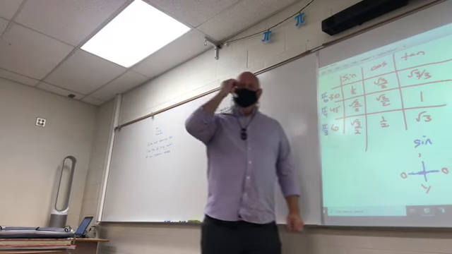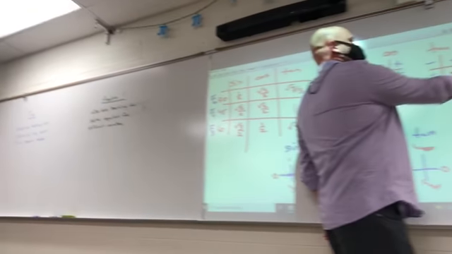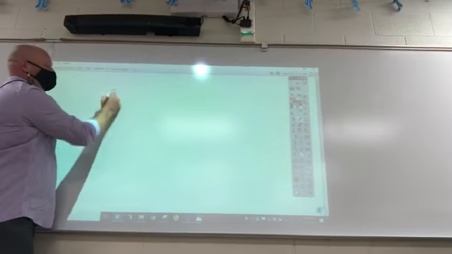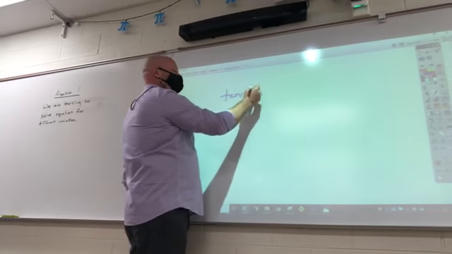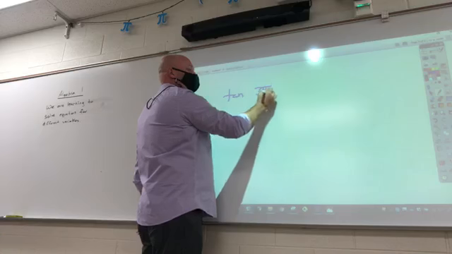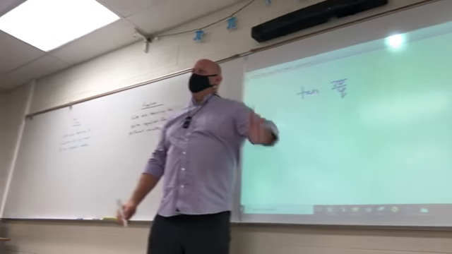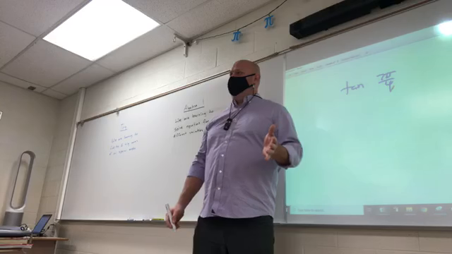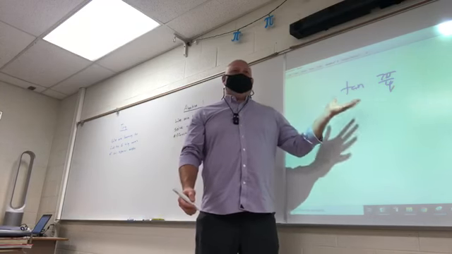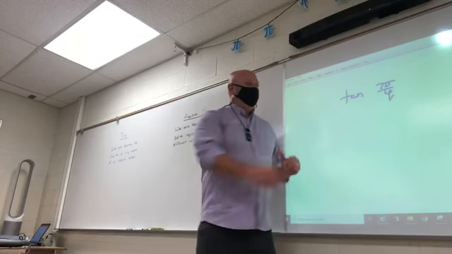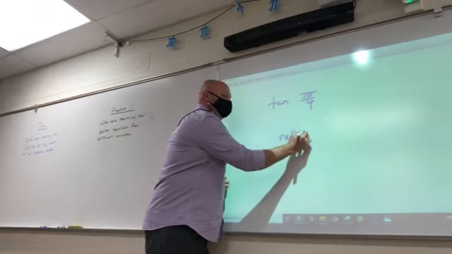Because now, if I have to solve the question, what is the tangent of 7 pi over 4? All I need is reference angle and quadrant, isn't it? I don't care what 7 times 180 divided by 4 is. I really don't. All I need is the reference angle.